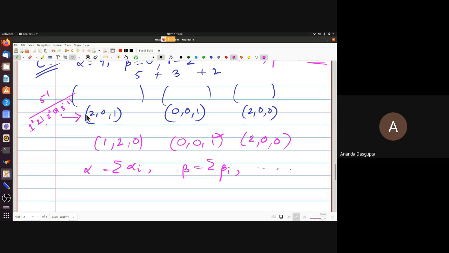Right? So that's the number of elements in this particular class of S5. Then you can find out the number of elements in the particular class in S3 and the number of elements in S2. And if you multiply them all together, what you get is the number of elements in C intersection H corresponding to this particular split of alpha I, beta I, gamma I. Am I making this clear?